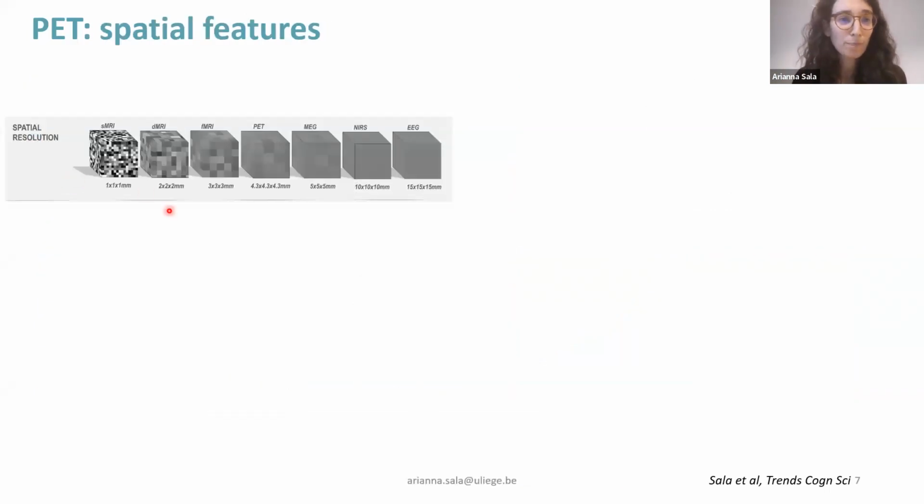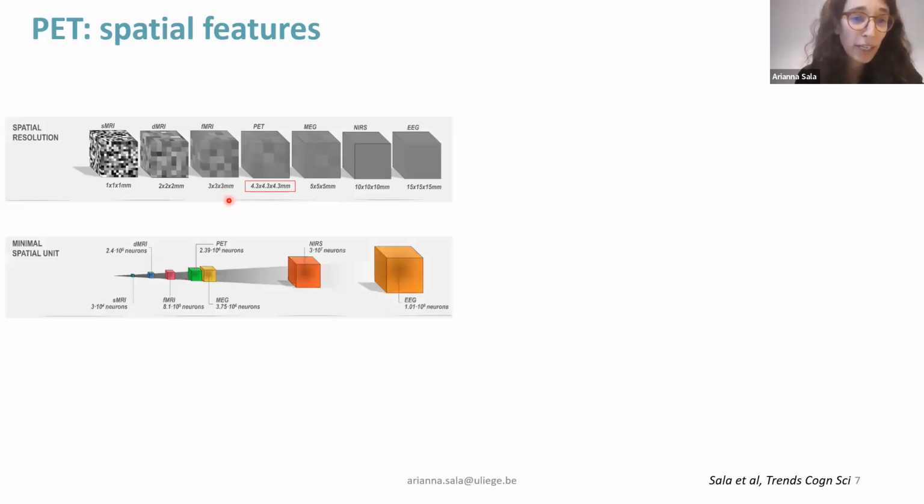At a spatial level, we actually are not doing so badly. The spatial resolution right now of a PET scanner is around 4.3 to 4.5 cubic millimeters. That is not so different from fMRI, which is around 3. What it means is that when we look at a voxel in a PET image, we're looking at the sum of whatever is happening in around 2 million neurons.